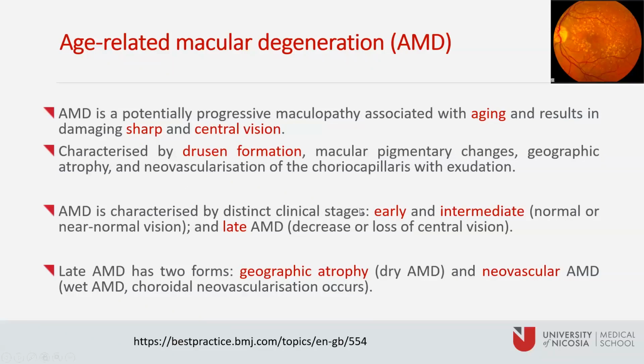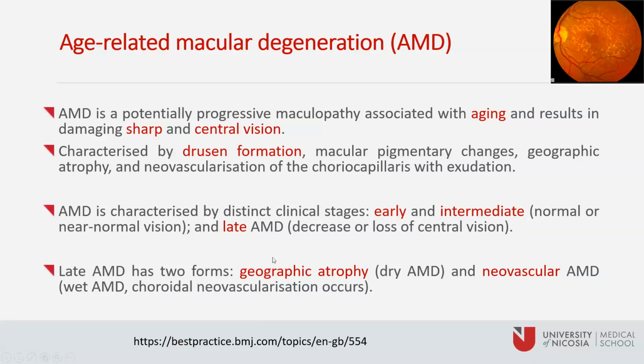In terms of the clinical stages, we have an early and an intermediate stage, where we do not have significant vision loss, or we have near normal vision. At the later stage of AMD, we have evident vision loss, mainly affecting the central vision. There are two forms of late AMD.